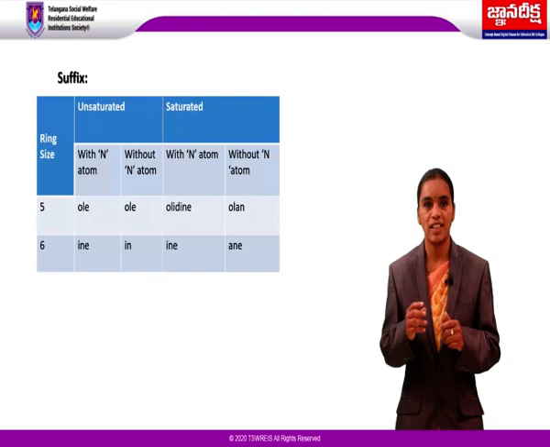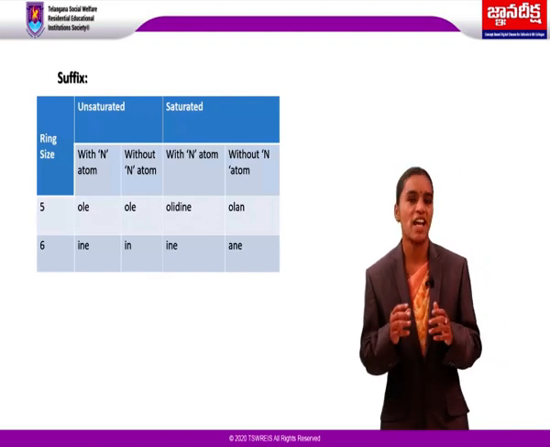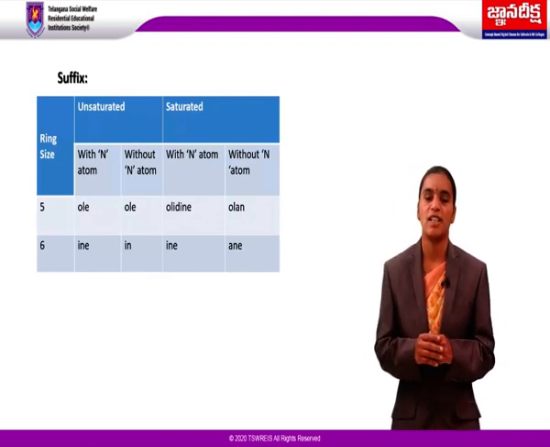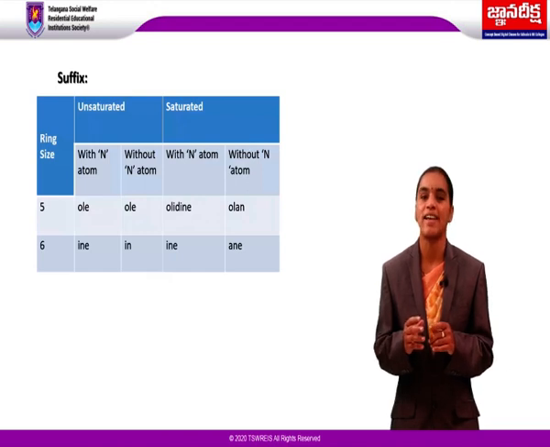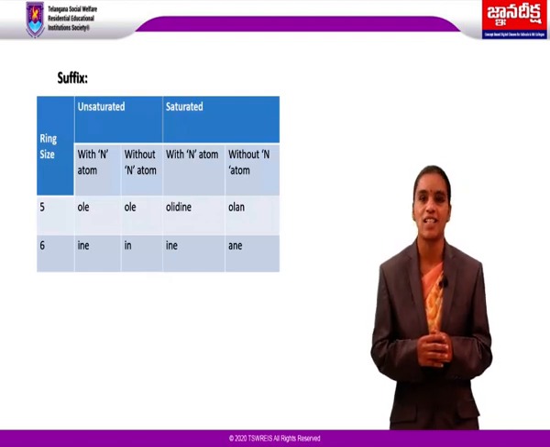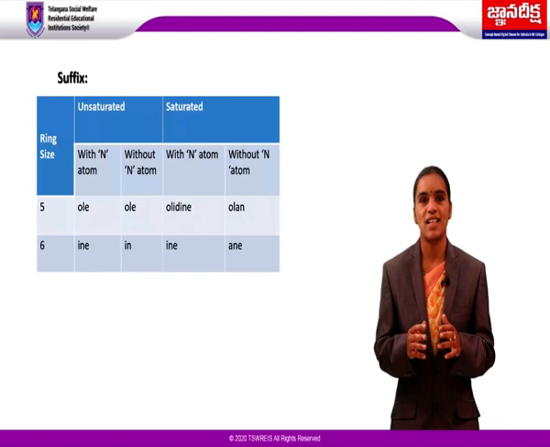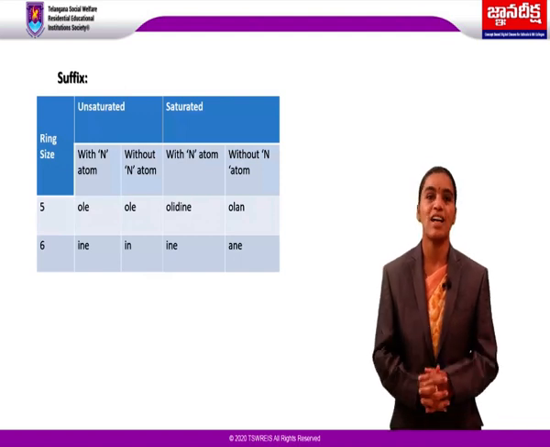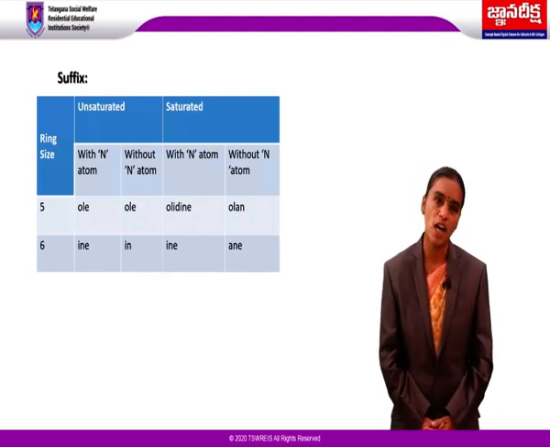Next, if the given compound is saturated with nitrogen atom, then the suffix is ine. And if the given compound is without a nitrogen atom, then the suffix is ane. Like this, by using the reference, we have to give prefix and suffix, and finally we have to add the prefix and suffix of the compound.